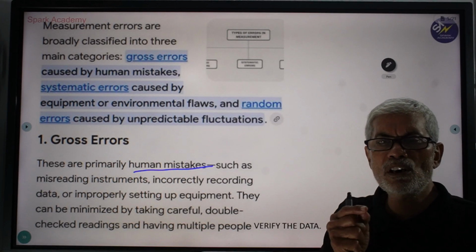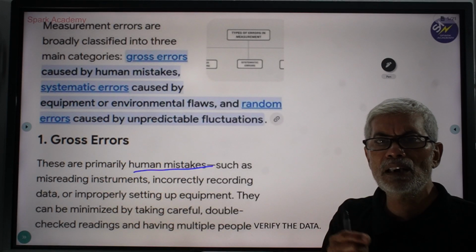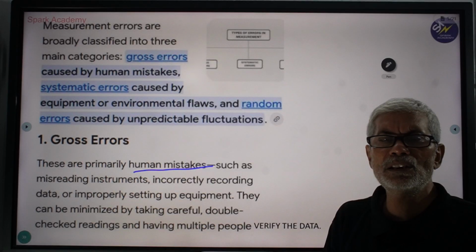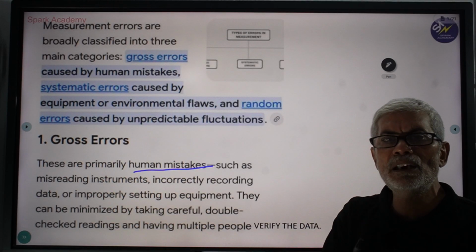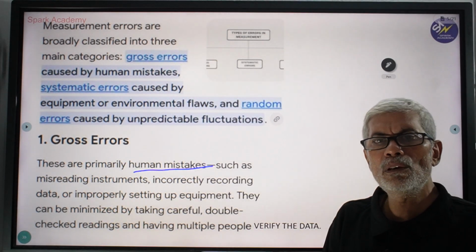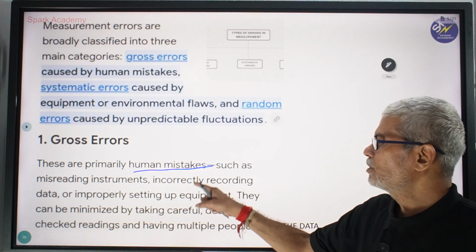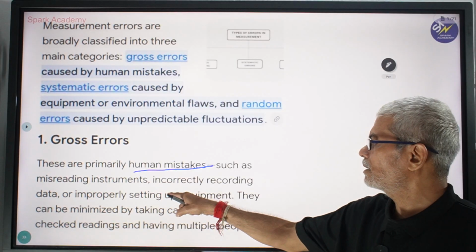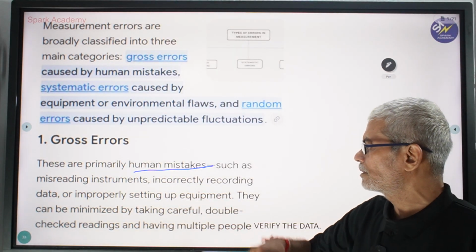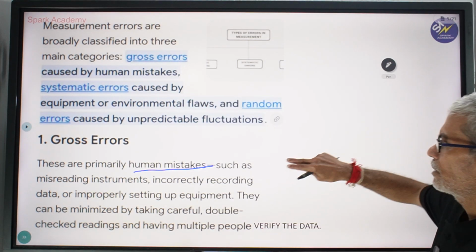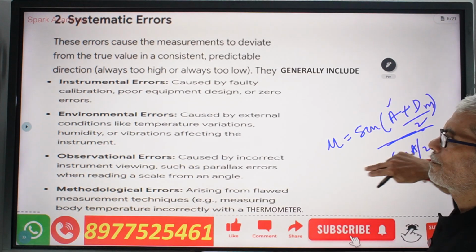Least count is the smallest division which an instrument can measure. The smaller the division it can measure, the more precise that instrument is. So sometimes we incorrectly record the measurements, and that is your gross error.